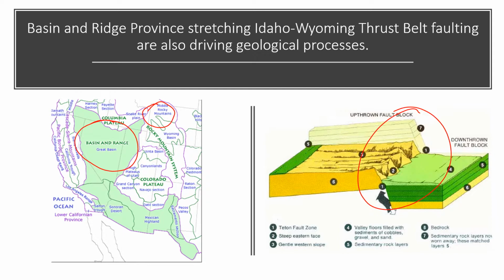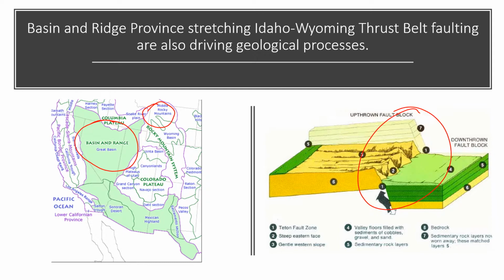So this type of process defines lots of the mountain chains in the Rocky Mountains, and it's what's called basin and range, because you have these mountain ranges separated by these basins. That's created by the stretching of the North American plate.